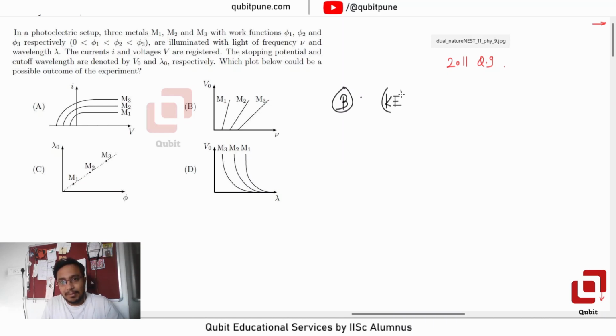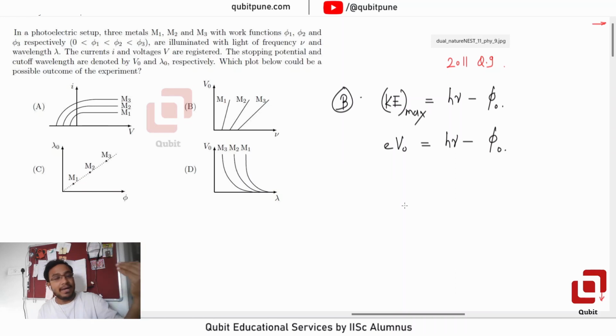Kmax is equal to h nu minus phi naught, but that Kmax is given by eV naught, where V naught is the stopping potential. Now why should we reject B?